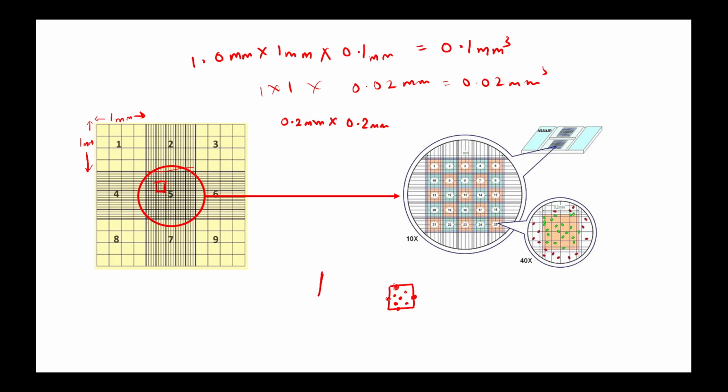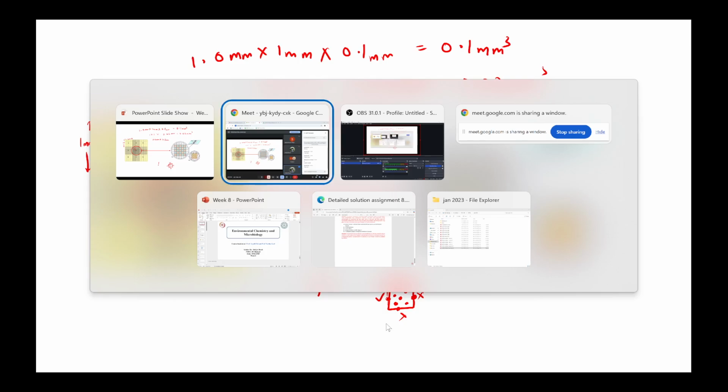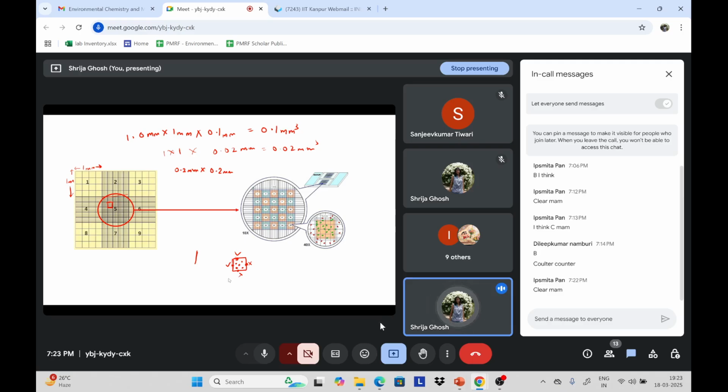But what about the cells touching the edge? The rule is, if it is touching the left edge or the top edge, we count it. If it is touching the right edge or the bottom edge, we won't count it. So these two won't be counted, but these two will be counted. That is the rule of counting cells in a hemocytometer or a Petrov-Hauser chamber. Okay, that's clear.